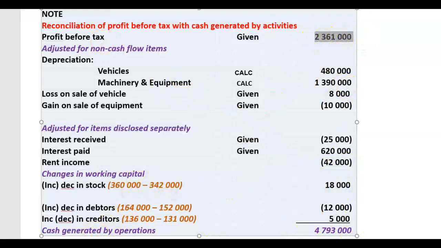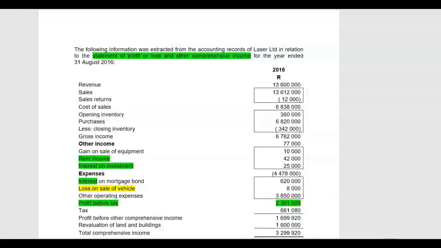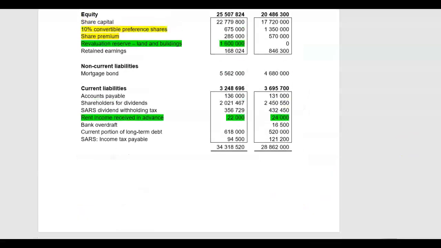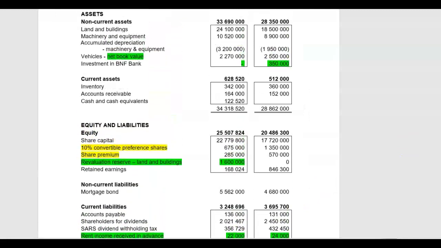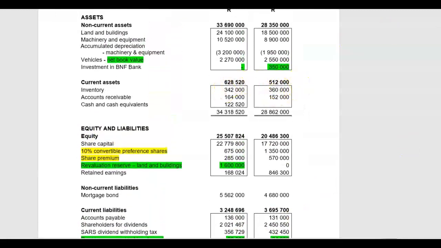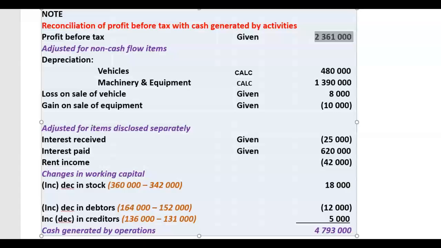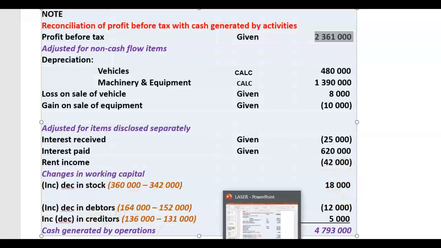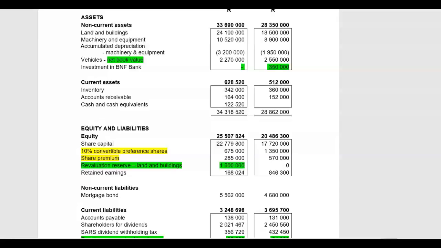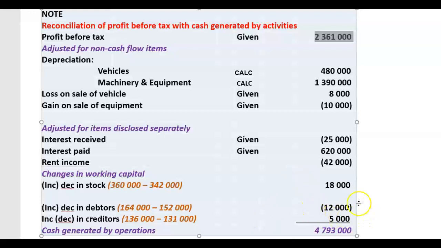Then changes in working capital, guys, that is straightforward. Inventory, there was a decrease in inventory, so it's an inflow of cash of 18,000. Debtors, remember we are doing the reconciliation note. The debtors we've already done as a matter of fact, so that was an increase of 12,000 Rand, which is an outflow of cash.